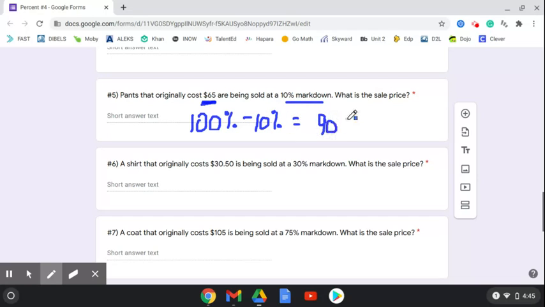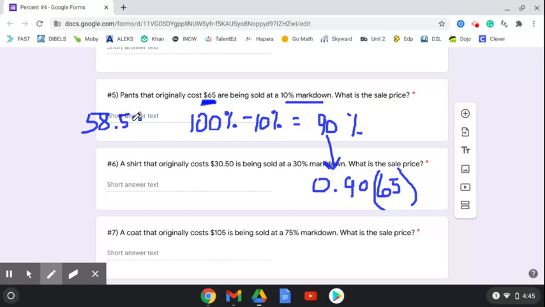So I'm paying 90% of the original cost. 90% as a decimal is 0.90. 0.90 times 65 would be 58.5. Okay, but remember, money has 2 digits after the decimal, and so this would be $58.50.